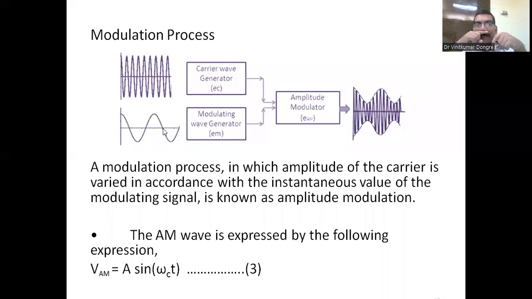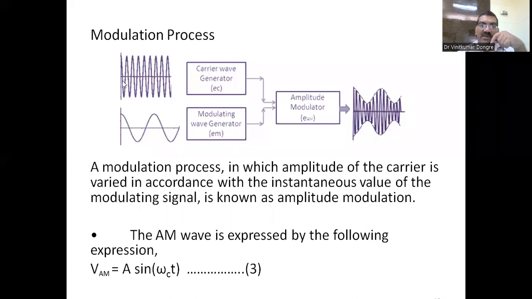I am speaking something. So this may be the speech, this may be data or anything else, which we have to transmit. Now these two signals we are mixing and sending to the amplitude modulator. So the amplitude modulator will give this output and it is sending.